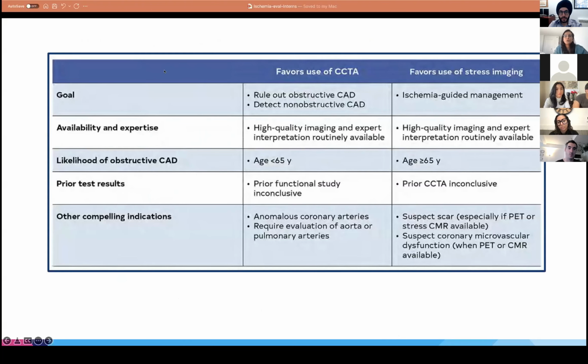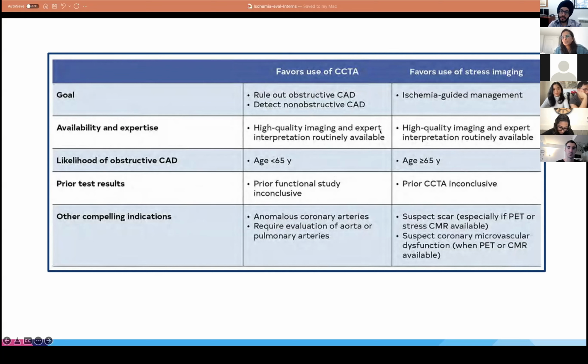So what factors would you consider when you want to choose one test versus another? This is what the guidelines recommend. They're very high level recommendations, but something to keep in mind. When your goal is to rule out obstructive disease, or to detect non-obstructive disease so that you can start preventive medications such as aspirin and statin, then you should choose coronary CTA.